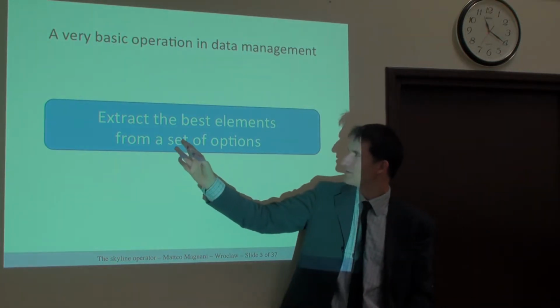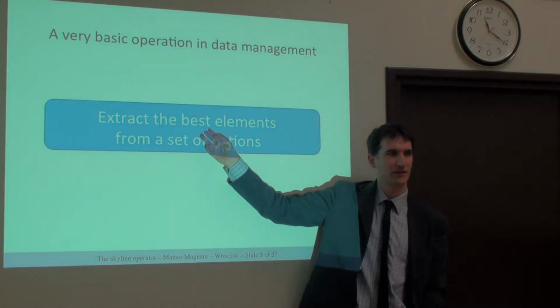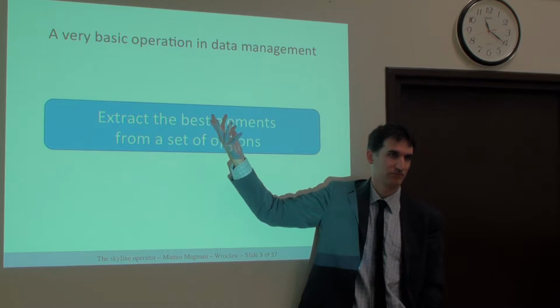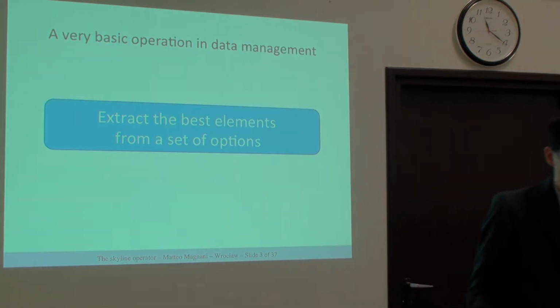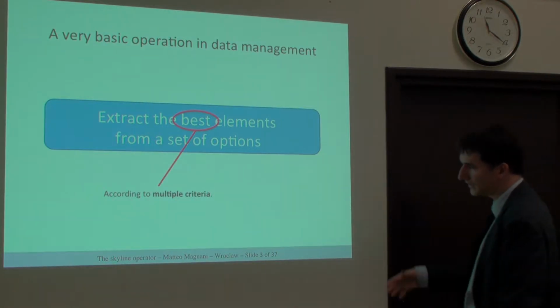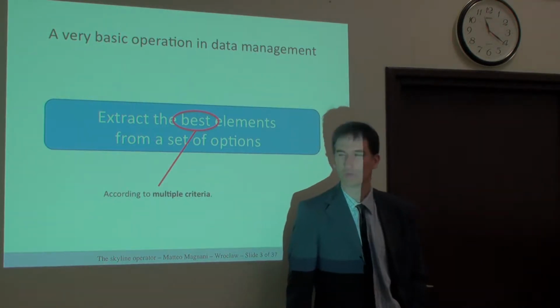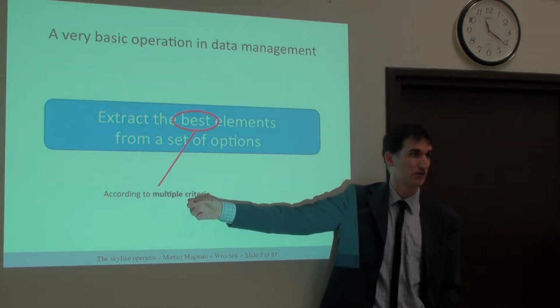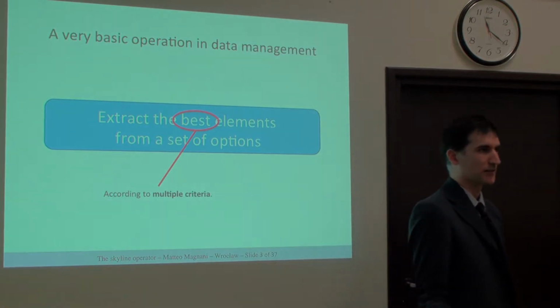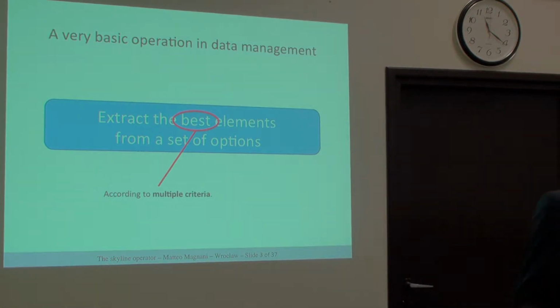And of course, this operator can be arbitrarily complex, depending on our definition of best. In some cases, it's easy to see what is the best option. In other cases, it's less easy. And the skyline operator was developed to deal with these more complex cases. And these cases are the ones where we have multiple different criteria.